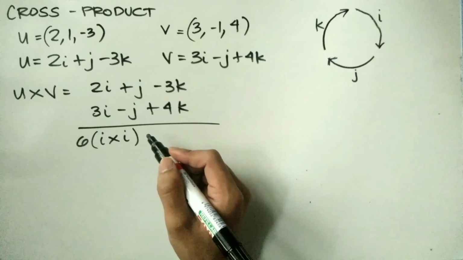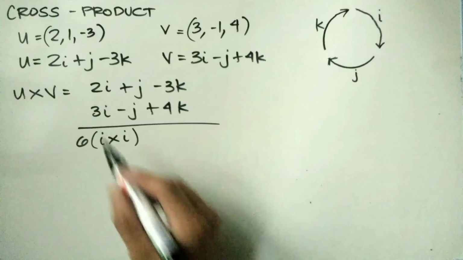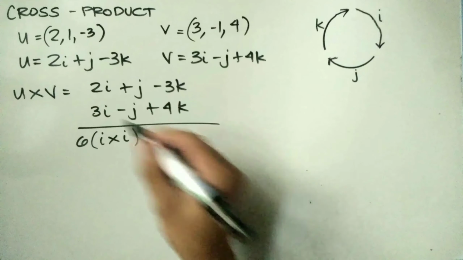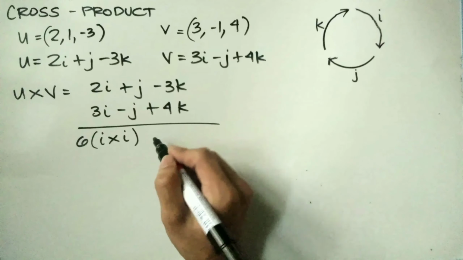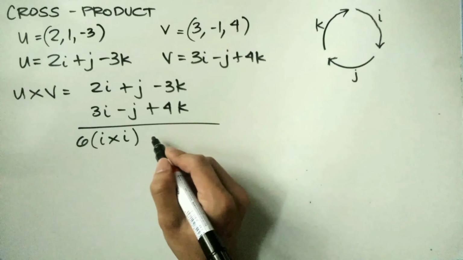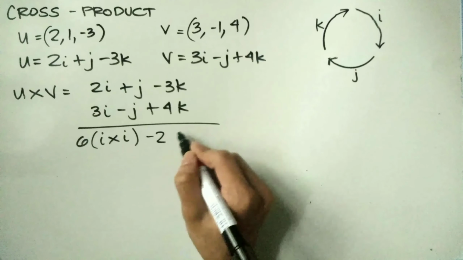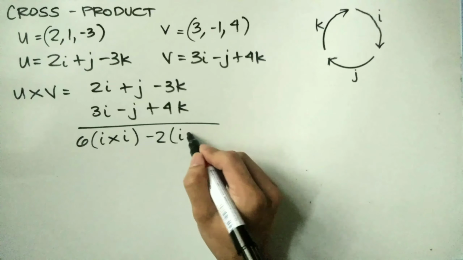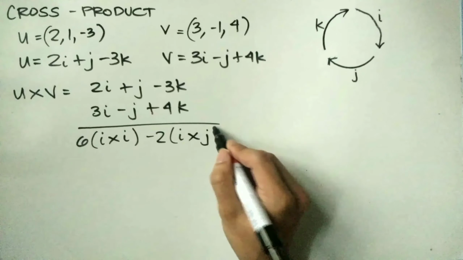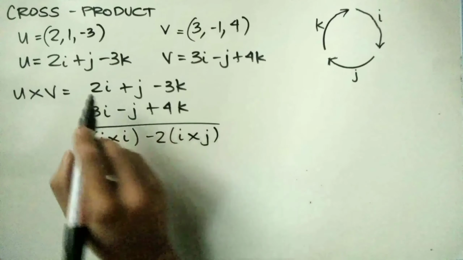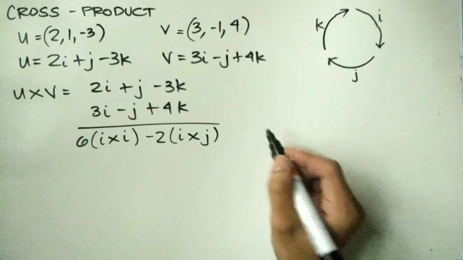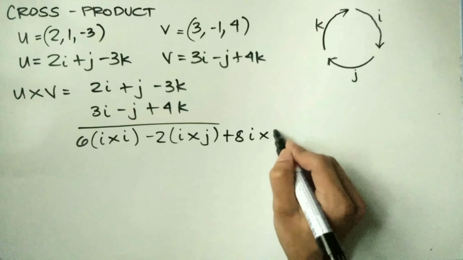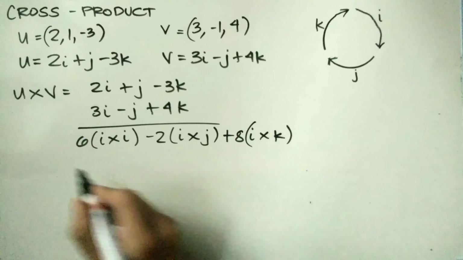From the properties of vectors, you just multiply the scalars and separately multiply the vectors i and i. 2i times negative j is negative 2 i cross j. This would be 2i times 4k is positive 8 i cross k.